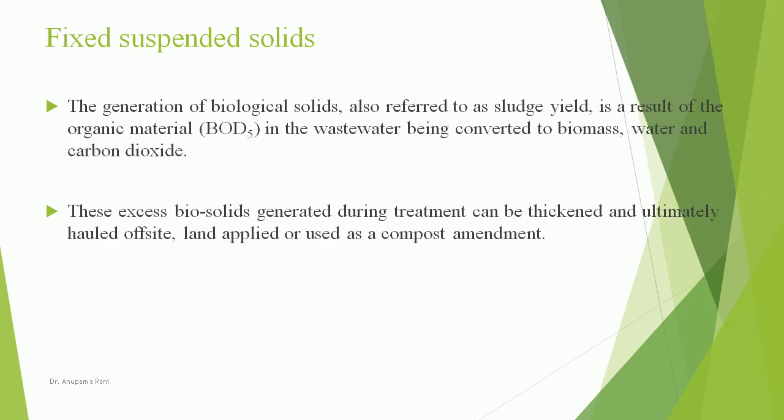The generation of biological solids, also referred to as sludge yield, is a result of the organic material, BOD5, in the wastewater being converted to biomass, water and carbon dioxide. These excess biosolids generated during treatment can be thickened and ultimately hauled off-site, land applied or used as a compost amendment.